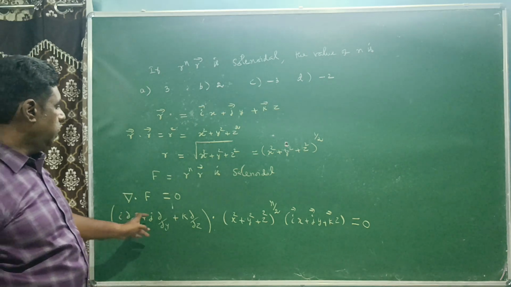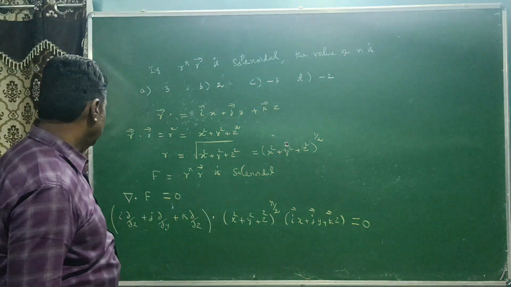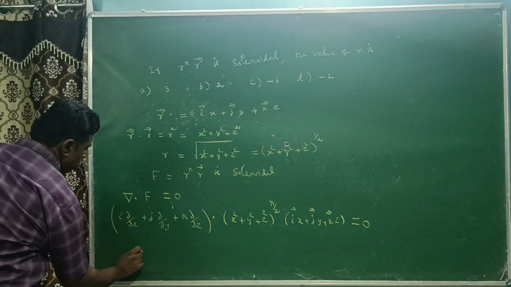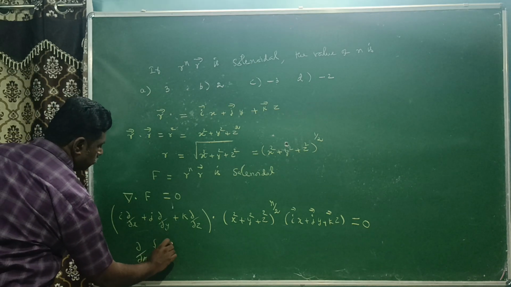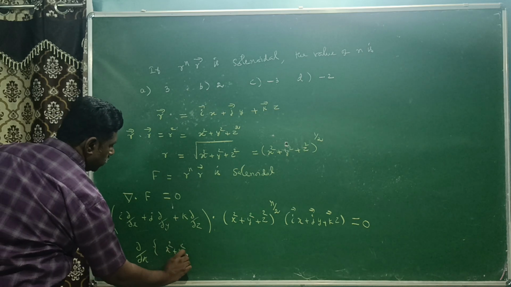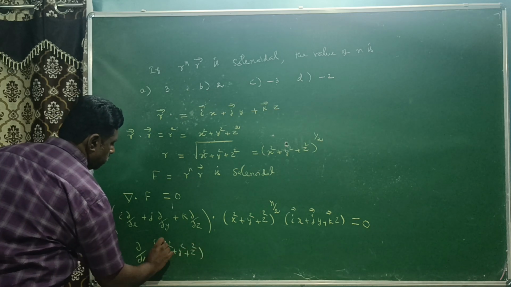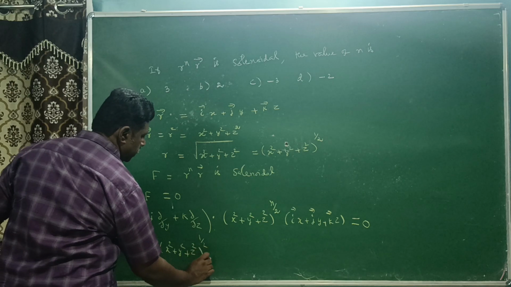Now i dot i is 1, this is ∂/∂x of (x square plus y square plus z square) power n by 2 into x.